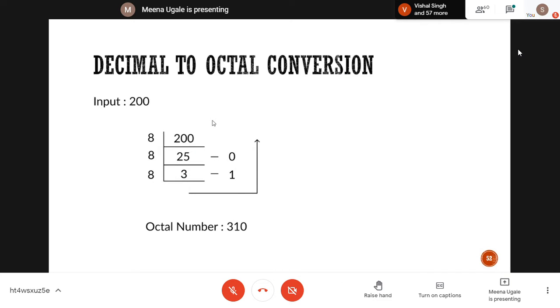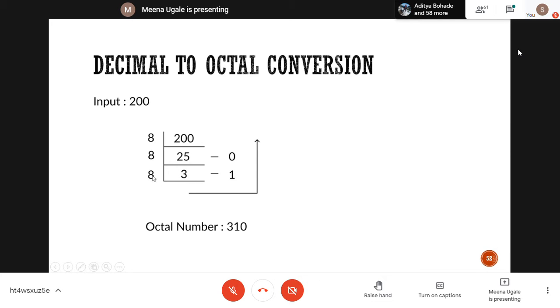Just see this example. I have decimal number 200. I want to convert it into octal. What I am doing? I am dividing it by 8. 200 divided by 8 will be 25. Remainder is 0. I have written this 0 on the side. 25 divided by 8. Quotient will be 3. Remainder will be 1.